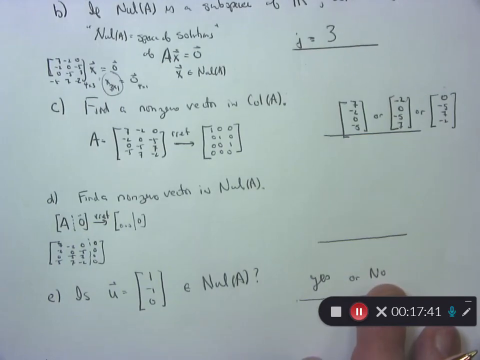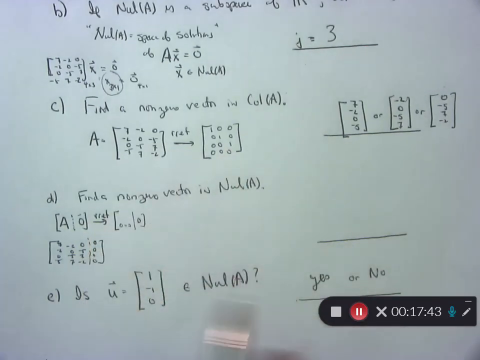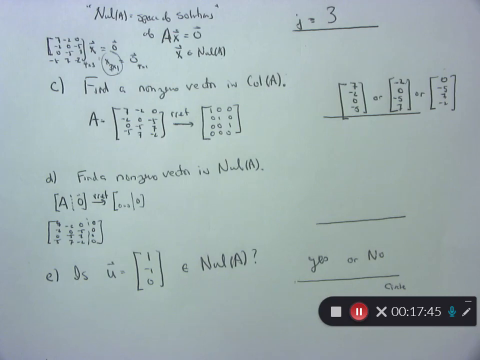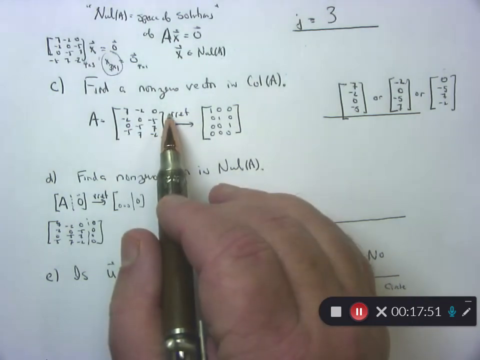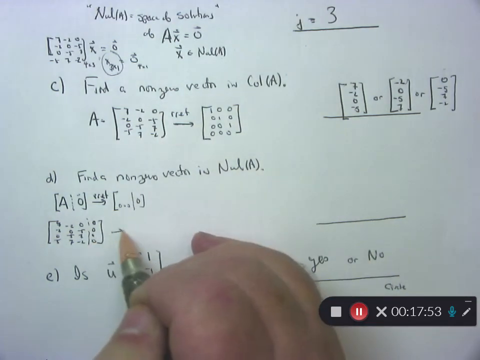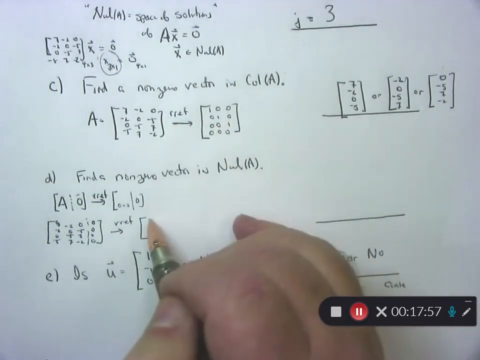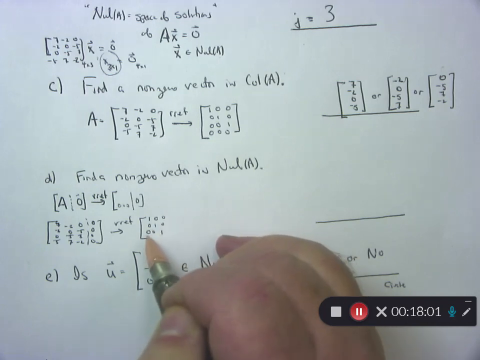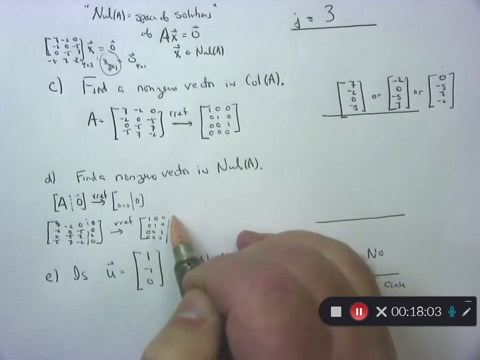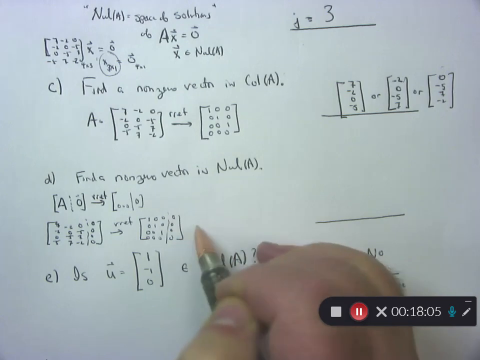So, what was the actual question on this particular problem? Find a non-zero vector in the null space. Well, if I augment this with 0, which I did, and I do my RREF on this, what am I going to get? Well, there's the RREF of the matrix: 1, 0, 0, 0, 1, 0, 0, 0, 1, 0, 0, 0, augmented with the 0 vector.